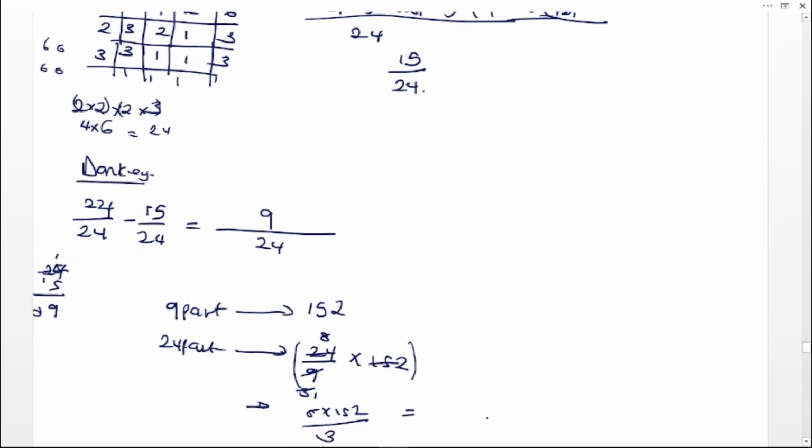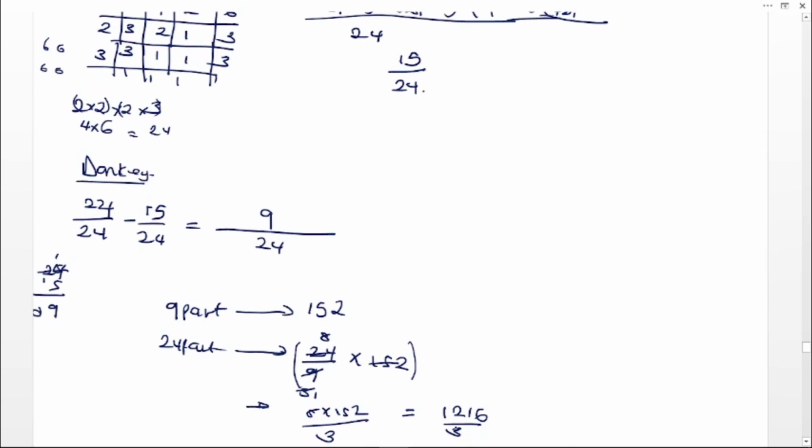Times 8, that is 1216 divided by 3. So you divide that one. 1216. We divide that one and 16, divide it by 3.